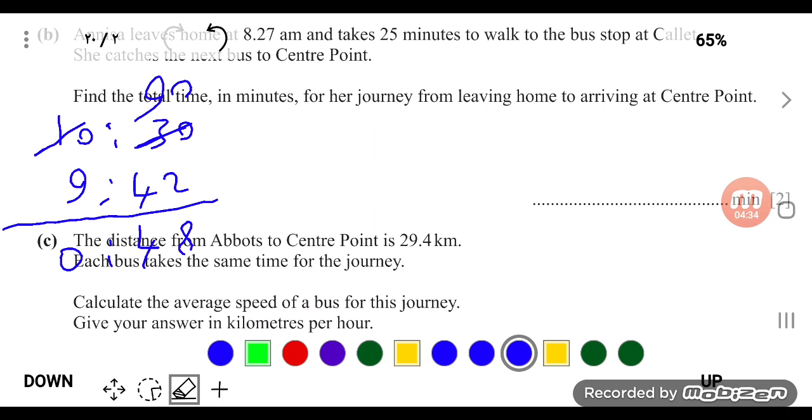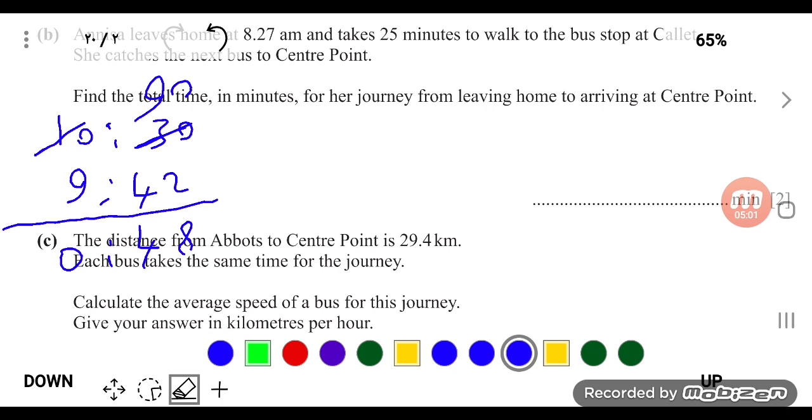So that is 48 minutes for the bus to arrive. But what we are supposed to do now is add the time from leaving home, 8:27.